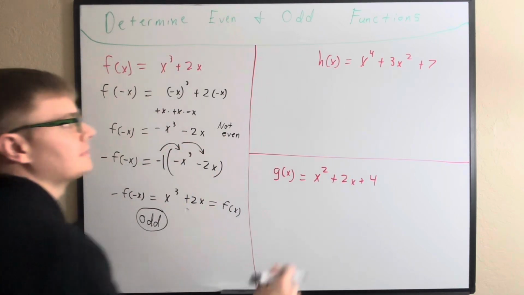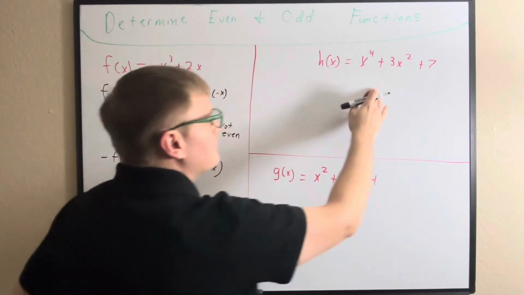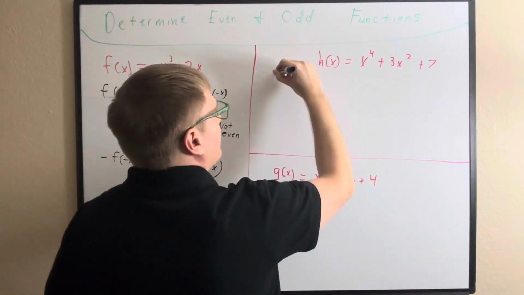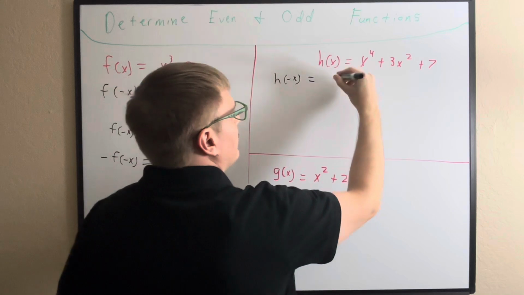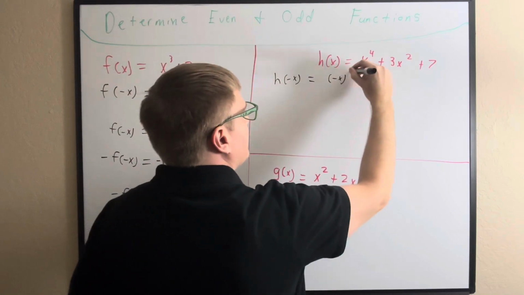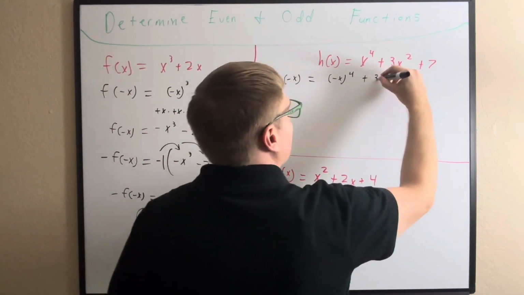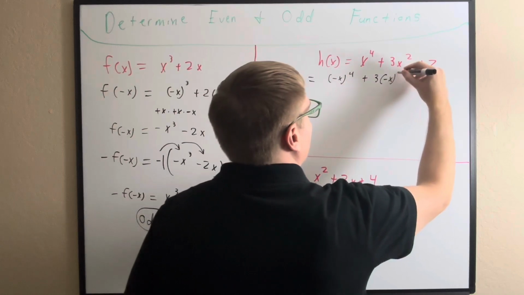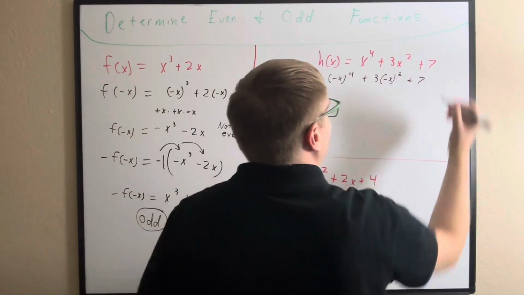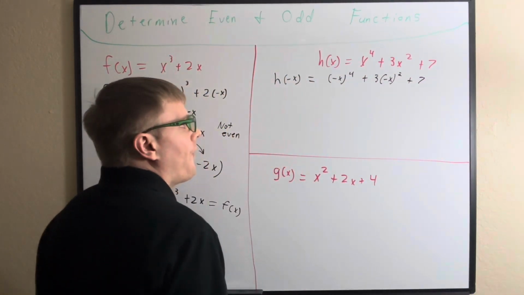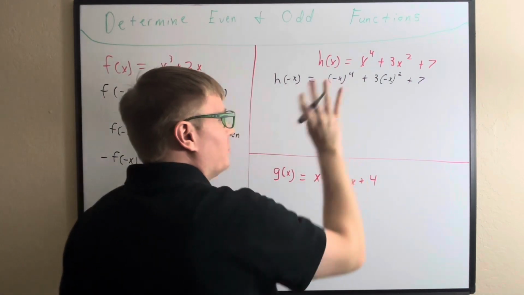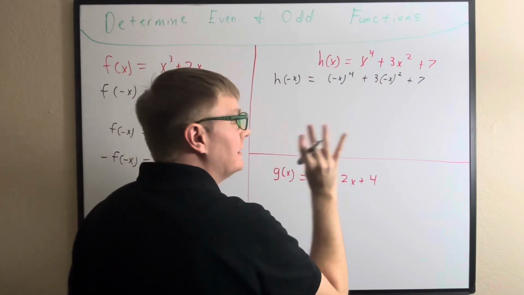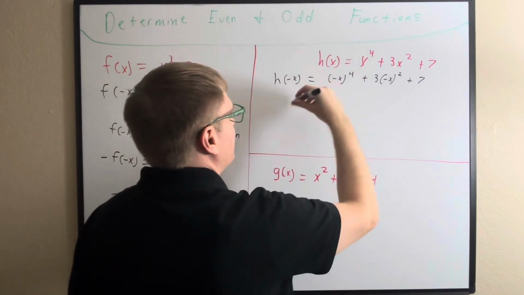Could be neither. All right, let's do h of x. It's h of negative x. Well, it'll be negative x to the 4th, plus 3 times negative x squared, plus 7. Negative x multiplied by itself 4 times, there'll be 4 negatives. They'll all cancel each other out.